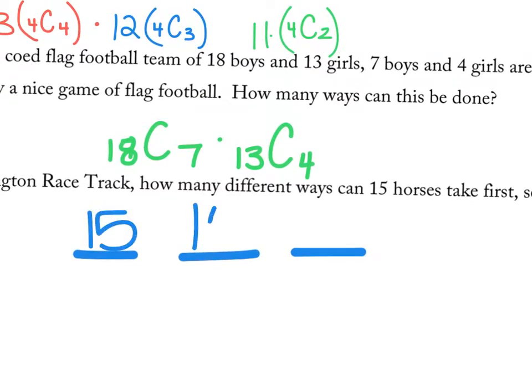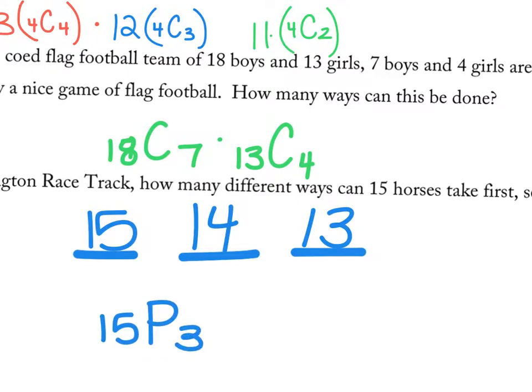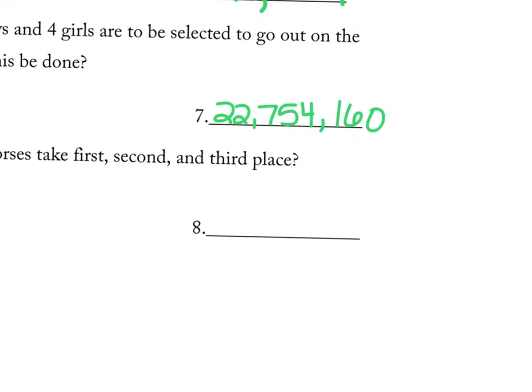Then 14, then 13. Another way to do this would be 15 pick 3. Order matters because it's first, second, third. So answer is 2,730.